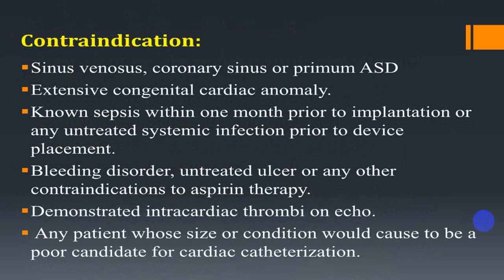Contraindication is very rare, particularly in a sinus venosus defect or coronary sinus defect or septum primum defect, because they are associated with many other defects. So in that condition, the best way of closure by catheter gives very good results in case of septum secundum defects.